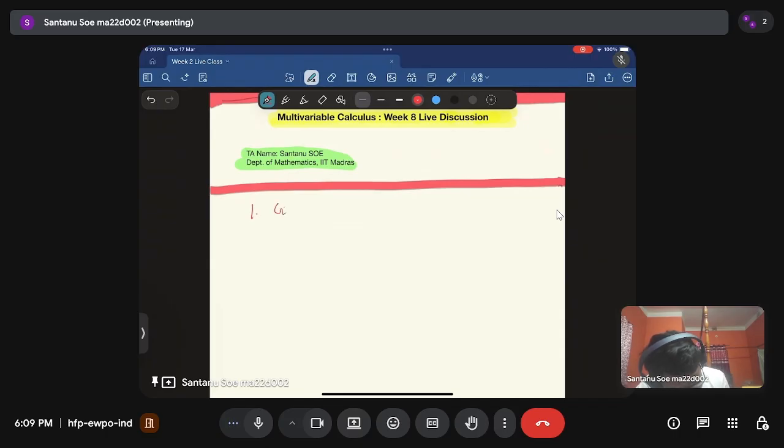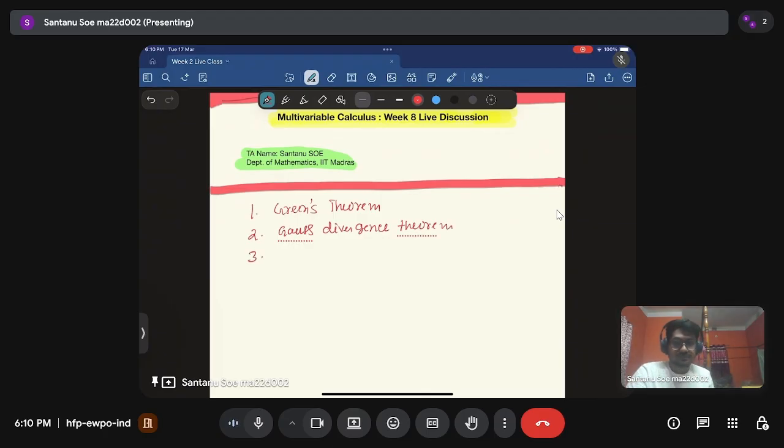Green's theorem, and Gauss divergence theorem, and then Stokes theorem.